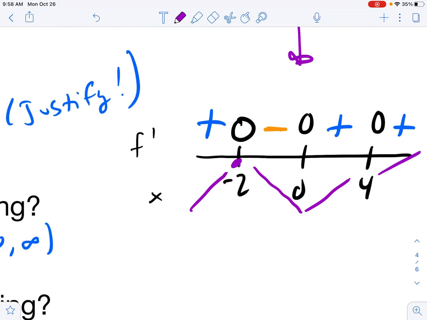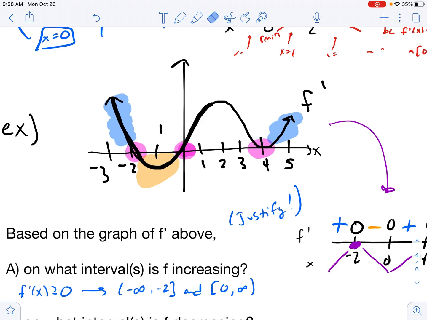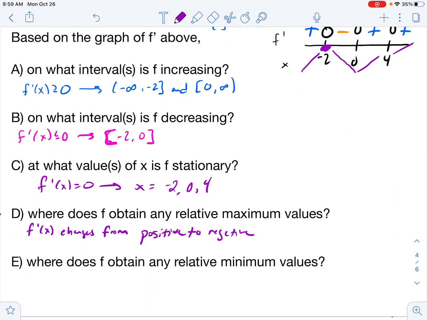Again, you can see it in the number line. That's at -2. That's the only one. Let's look at the graph, though, so you know what to look for if you're just looking at the graph here. What does it look like to change from positive to negative? From above to below the axis. That's what that looks like at -2. It's coming from above to below the axis there.